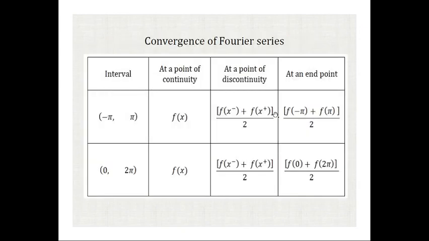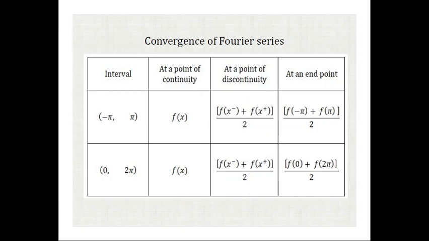And similarly, if you are taking an end point, if you are substituting x equal to either minus pi or plus pi, in both cases the series converges to f of minus pi plus f of pi divided by 2. So on the right hand side, if you are taking x equal to pi, then on the left hand side it should not be just f of pi or f of minus pi, it should be f of minus pi plus f of pi divided by 2.